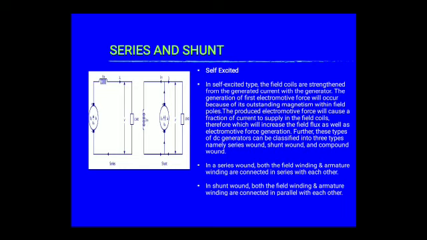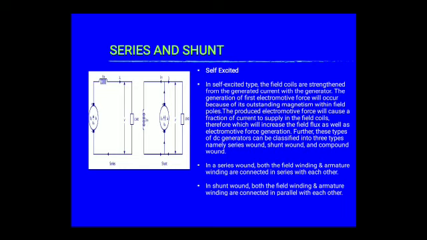And in case of a shunt generator, the DC current induced in the armature is supplied to the load circuit as well as to the shunt field winding. So there are two parallel circuits formed in case of a shunt generator. So the IA, or the armature current, is divided into two parts.